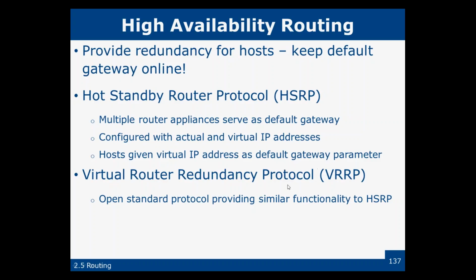VRRP is not proprietary, so it's an open standard. One of the things that Cisco at least likes to do is go in and give you something that's not a Cisco to connect to, and you have to figure out the correct protocol to use. If it's an open standard, VRRP.